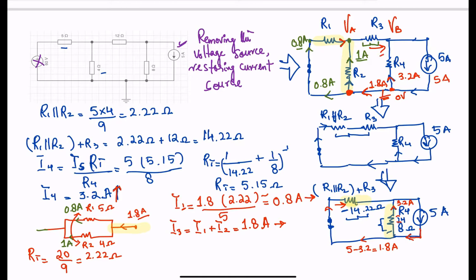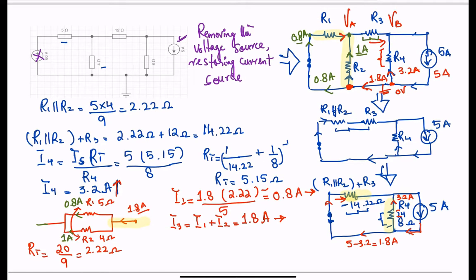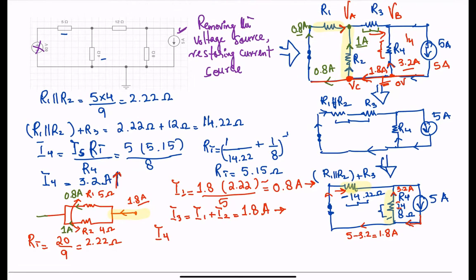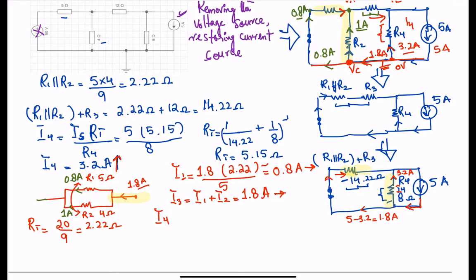Because I know the current across R4, I can simply apply Ohm's law and find VB. So I4, the current flowing, 3.2 amps, equals, if I label this VC, connected to the ground, the potential difference between VC and VB.